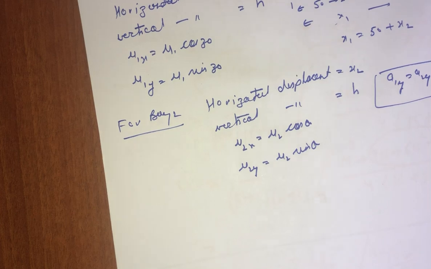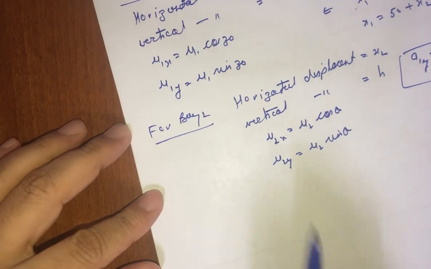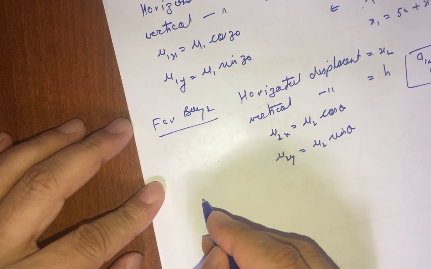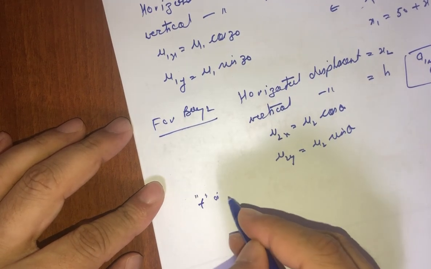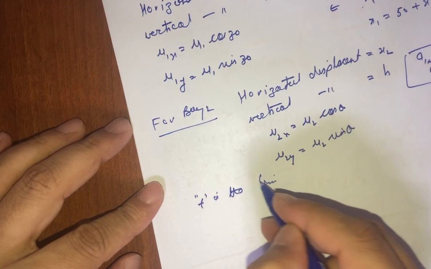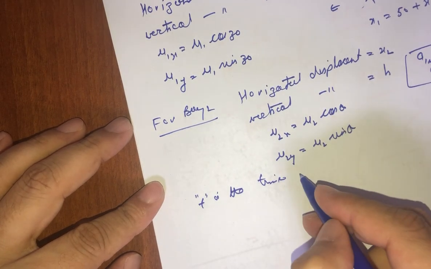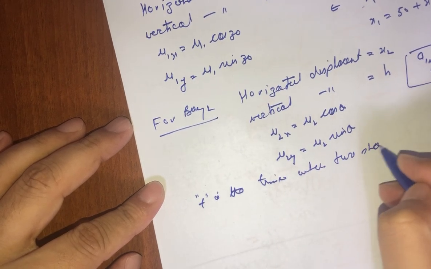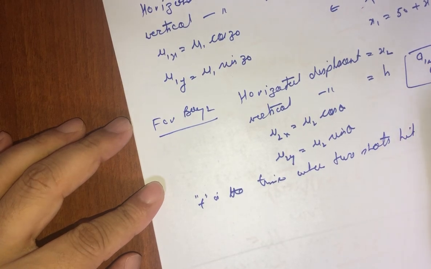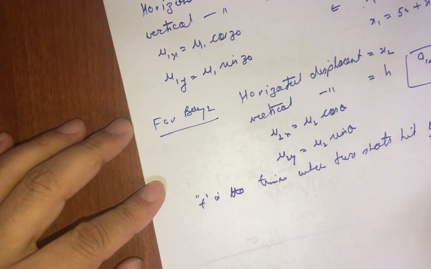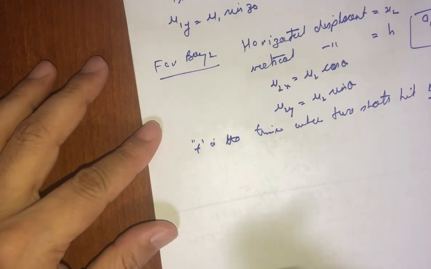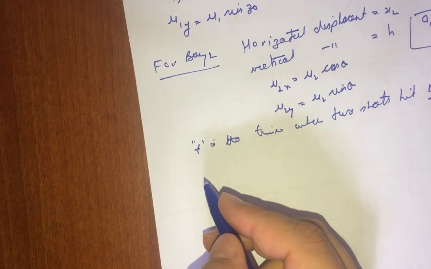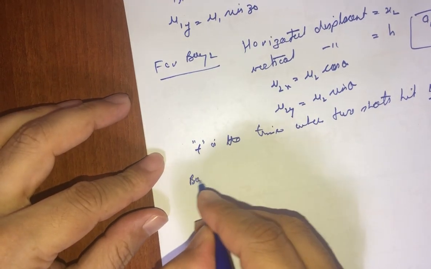and let us assume that t is the time when both shots, two shots hit the bird. So let's write the equations for the boy first or boy 1.